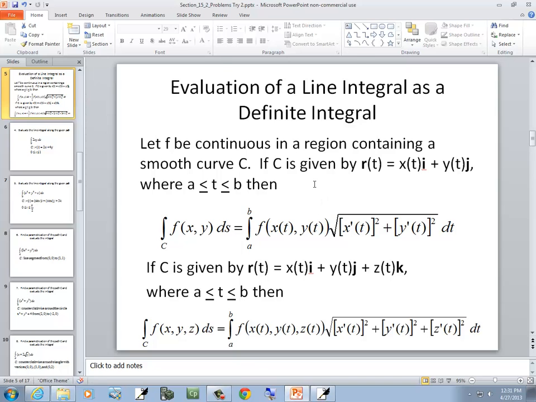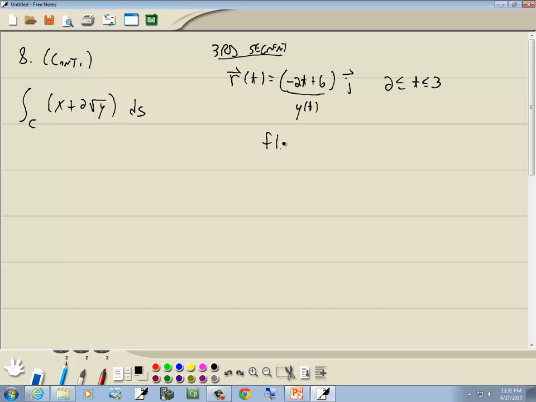Back to our formula. Our f of x, y is equal to x plus 2 square root of y. And we're wanting to find f of x of t, y of t. Well, we said x of t is 0, so that's 0 plus 2 square root of y of t, which was negative 2t plus 6.